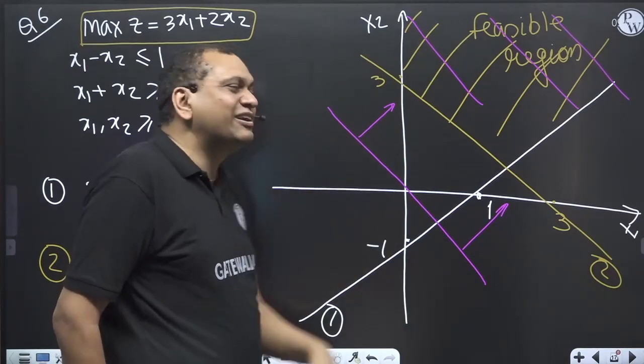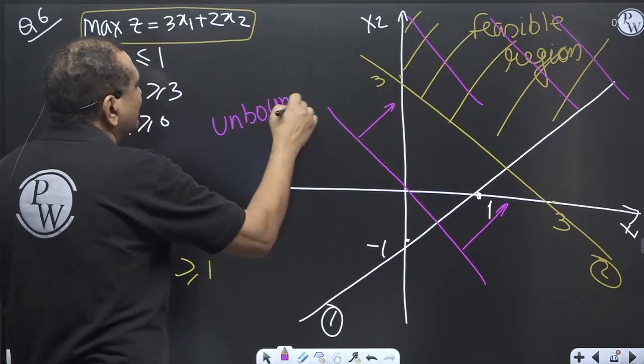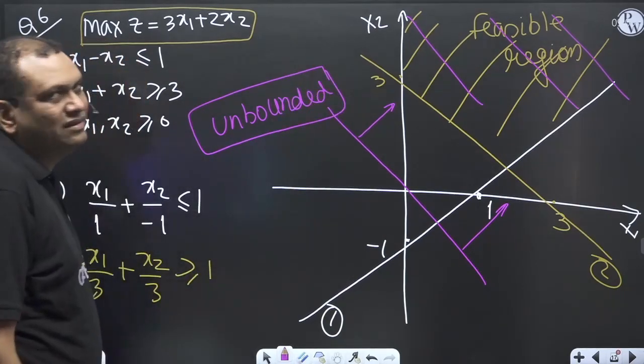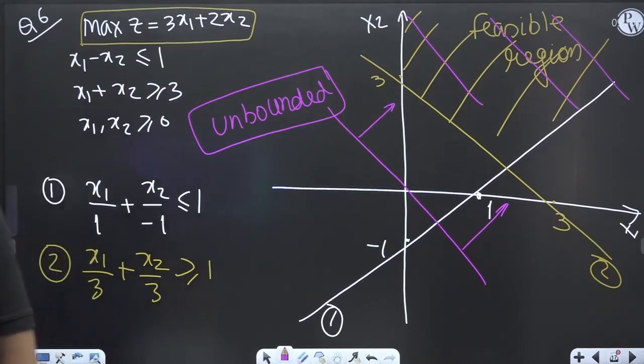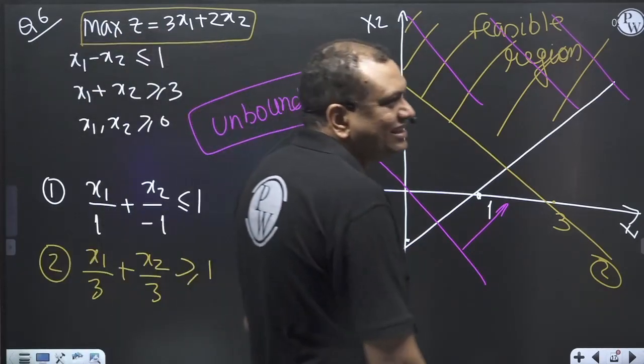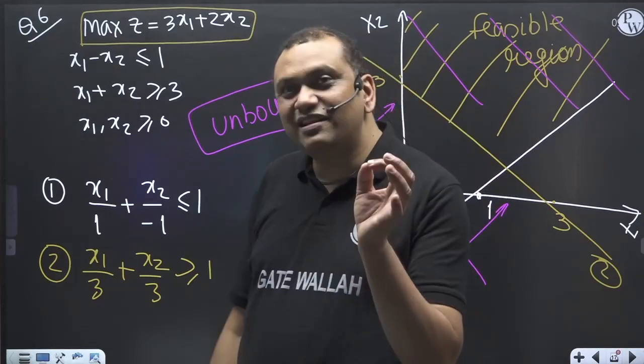Such problems are called unbounded problems. So what is the answer? This problem is unbounded. Correct? Easy, isn't it? It's easy if it is learned properly.